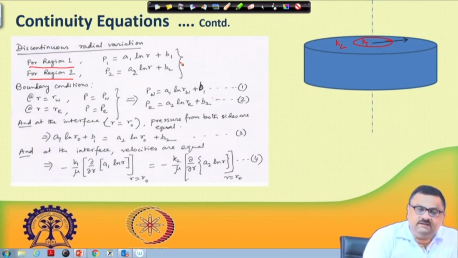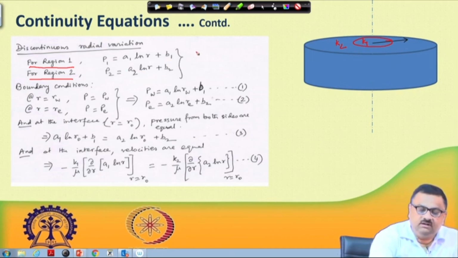Here, instead of C1 and C2, we put the constants as A1 and B1 for region 1 with permeability K1, and for region 2 with permeability K2, we write A2 ln R plus B2.